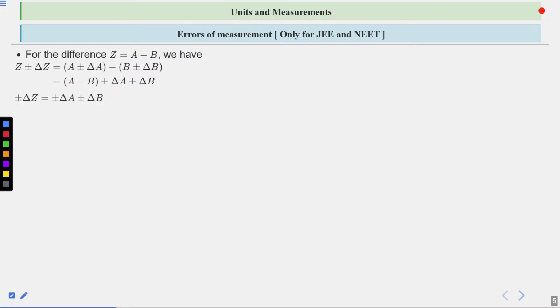So plus minus delta Z is equal to plus minus delta A plus minus delta B. So this is the maximum possible error if we have a quantity Z equal to A minus B.